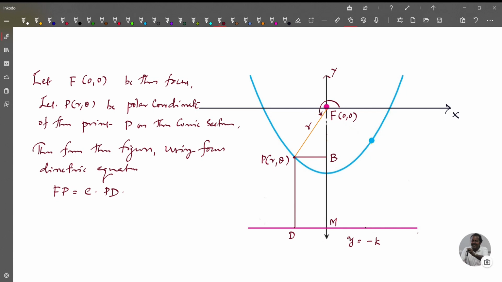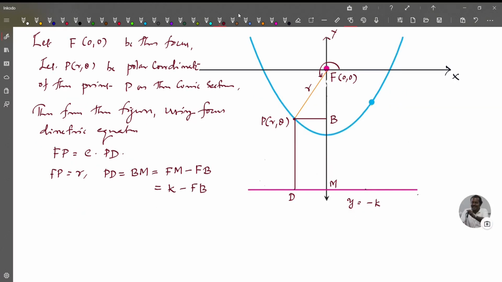So FP is R here, PD is BM, that is equal to FM minus FB. You know FM is K minus FB.